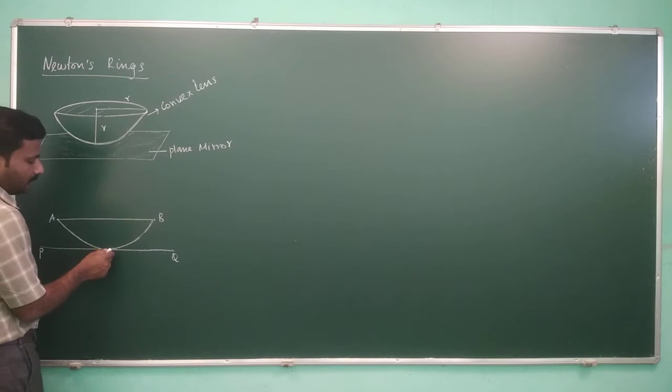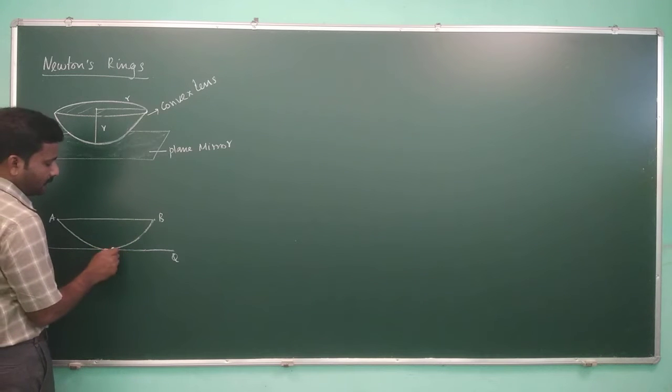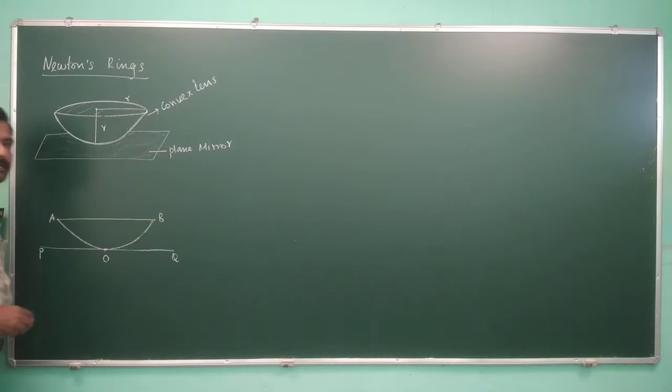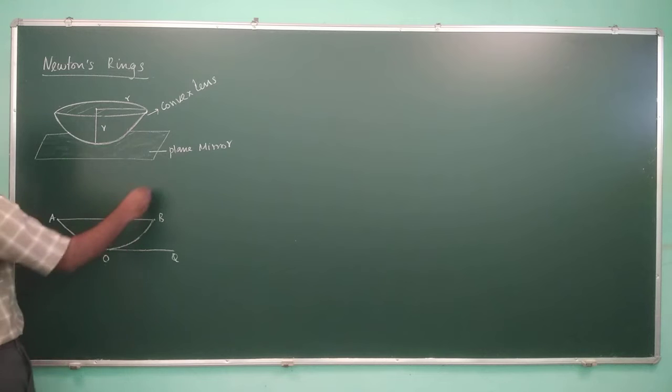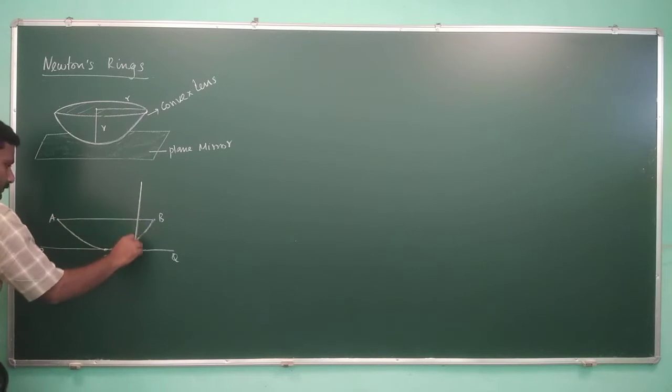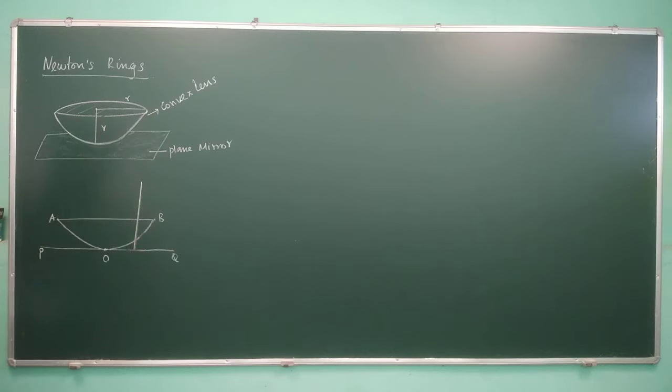So this side it is flat and here it gradually increases, so the thickness of this air film slowly increases. Now, if a monochromatic light is allowed to pass through it, what will happen?